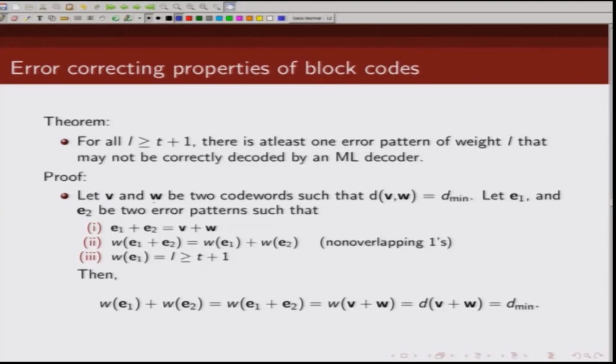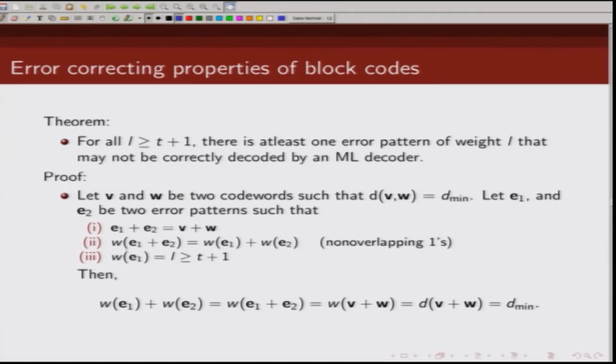If v and w are two code words, let us assume that the Hamming distance between v and w is equal to the minimum distance of the code, d min, and let E1 and E2 be two error patterns which satisfy these three properties. And what are these three properties? First, the sum of E1 and E2 is the same as v plus w.